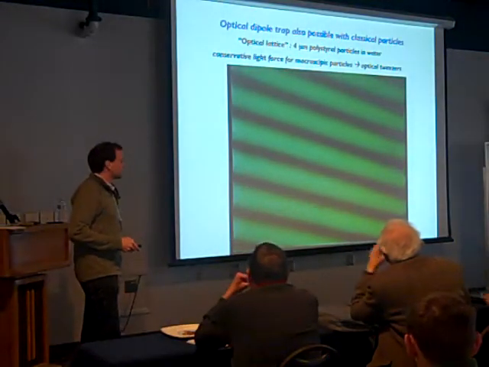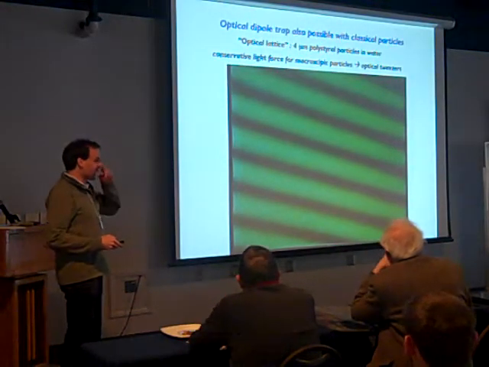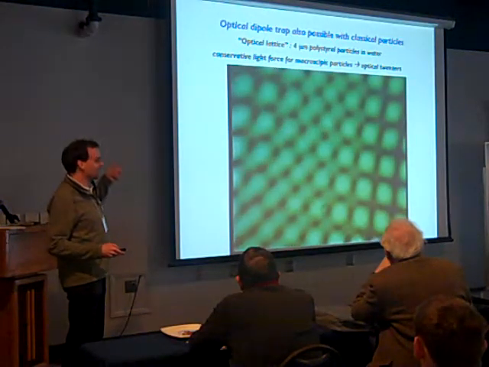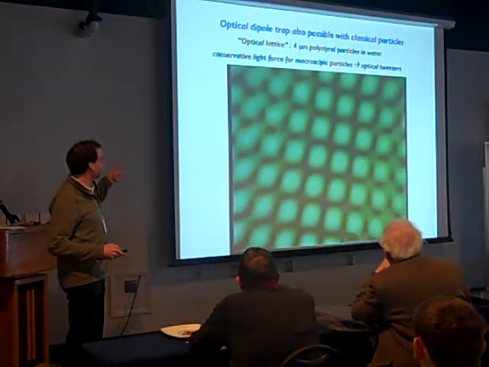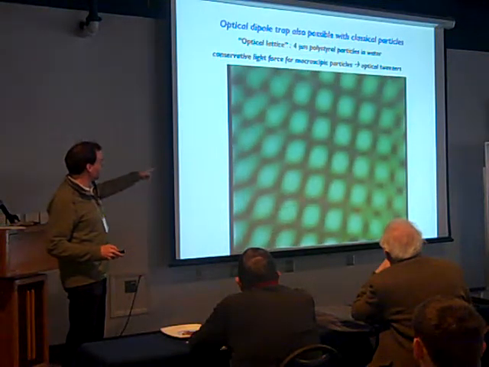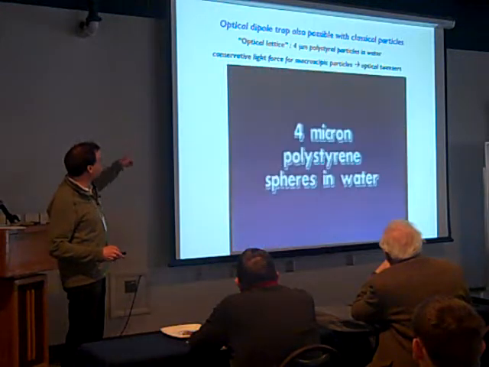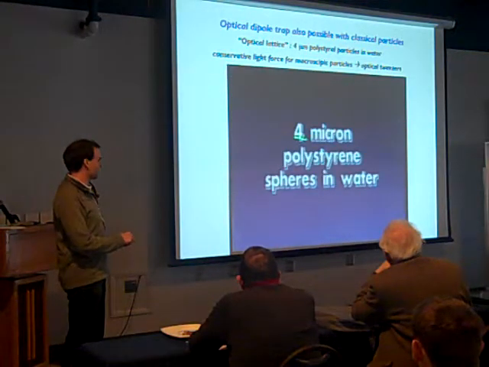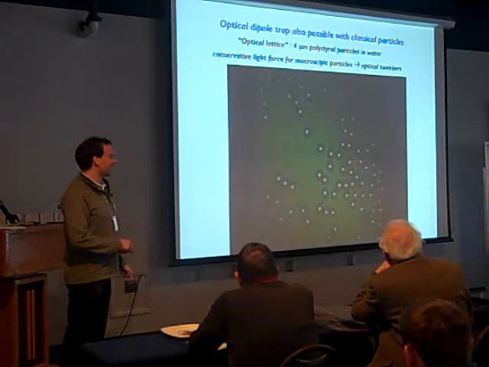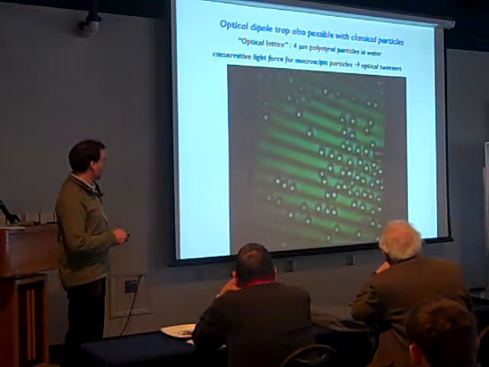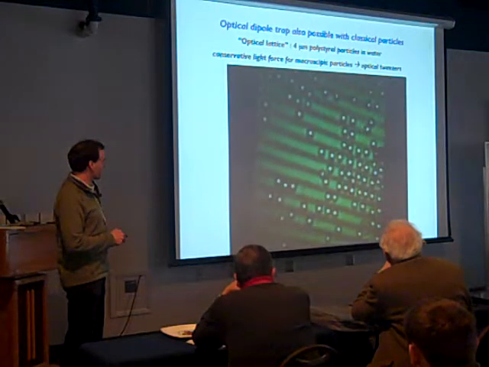Okay, just to show you that this is not only possible with atoms, you can use light. People use optical tweezers. This is an old movie from Ted Hänsch actually, where he used laser beams. You see two interfering laser beams, like a 1D and a 2D lattice, and now he puts polystyrene spheres in water. Here the spheres are just illuminated. You can see it better on this screen, by the way. And then you see how they get attracted by the light maxima.